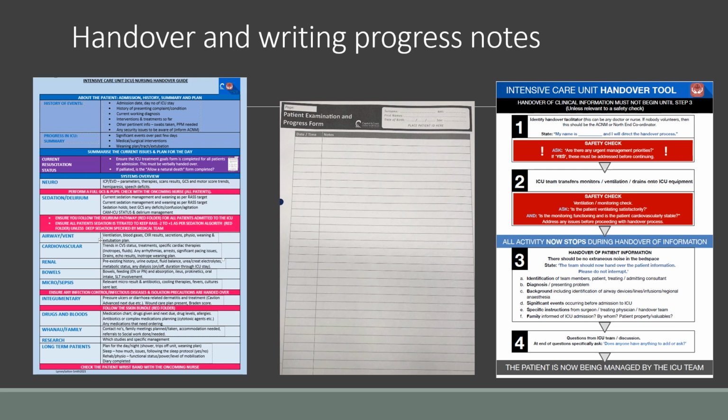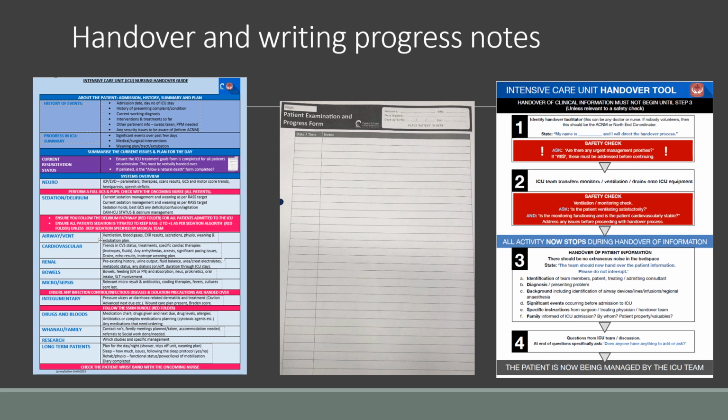And when you get particularly practiced at this, you'll just know. It will just flow, and you'll use your flowchart. But this is there for people to be a bit more systematic and to bring all of the handovers and the progress note writing in line with the unit expectations and the policy.